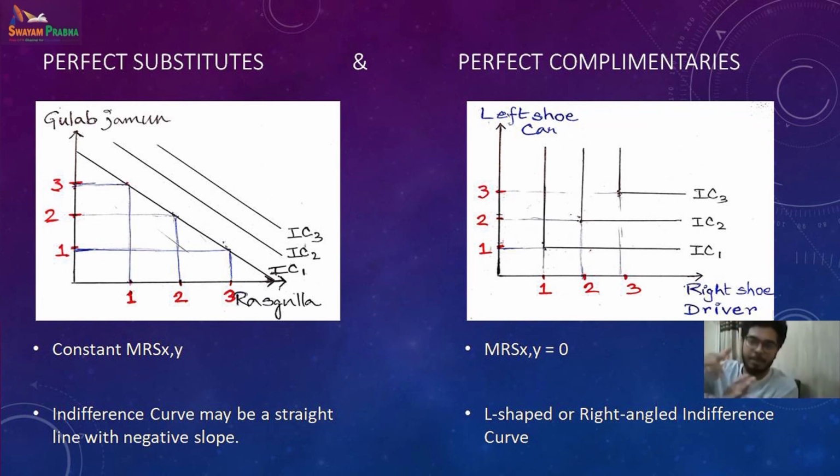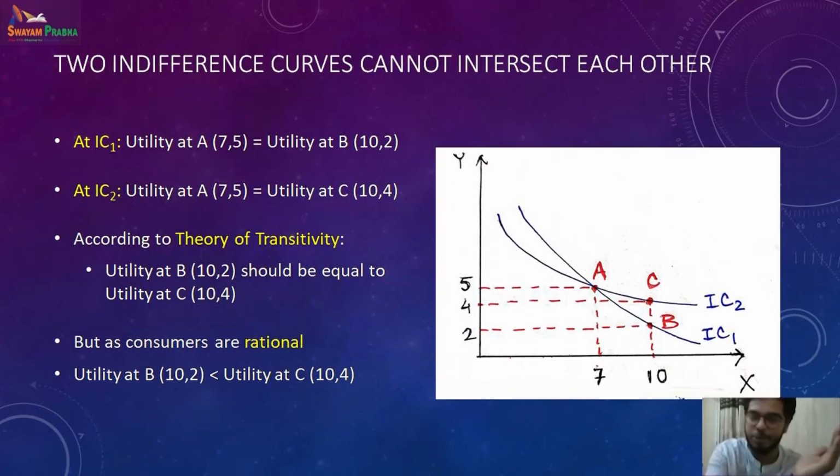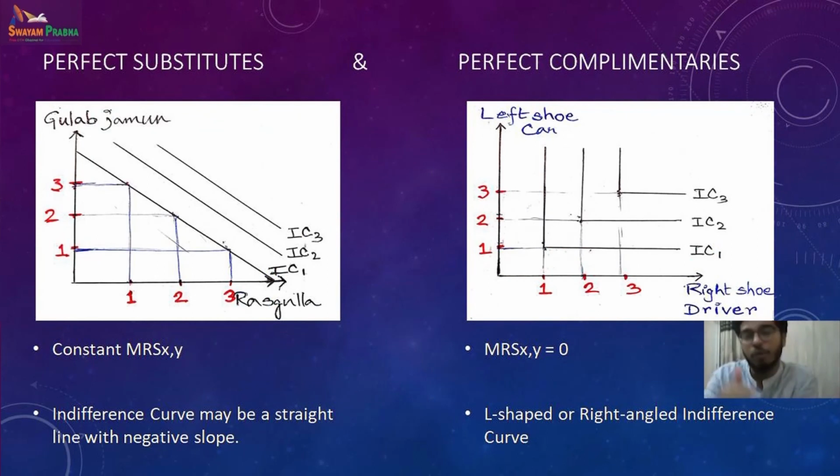Otherwise, if they are not parallel to each other, they may touch or intersect, which should not happen. So by character, indifference curves should be parallel to each other, with no chance of intersecting. Therefore, the higher the indifference curve, the higher the satisfaction.